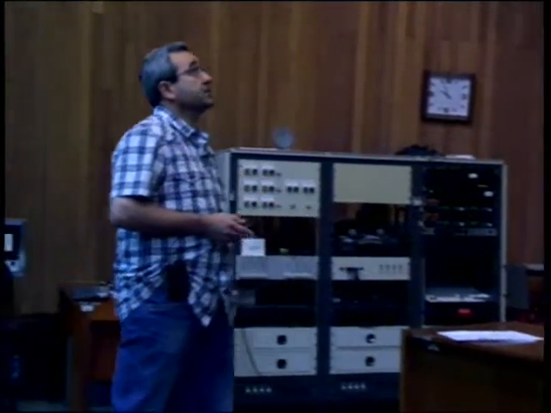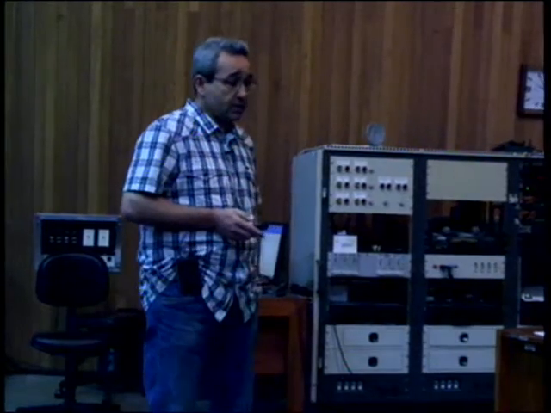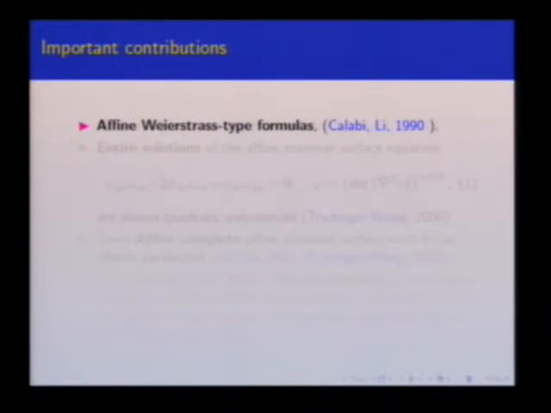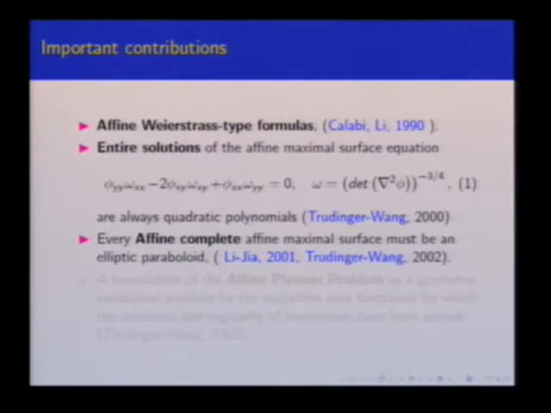An important contribution to the subject has been the discovery of a Weierstrass type representation for this family, which has been important in the description of new examples. Also, two very celebrated results have been the solution of the conjecture of Chern and Calabi.